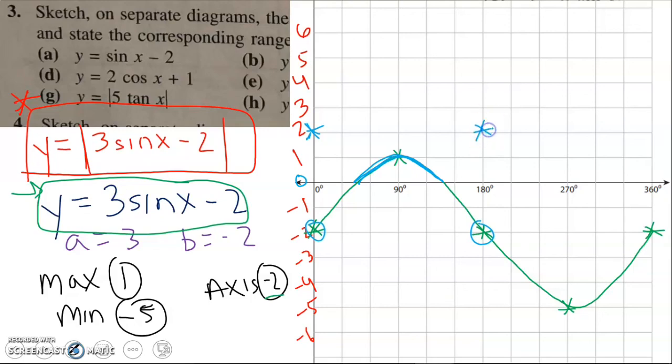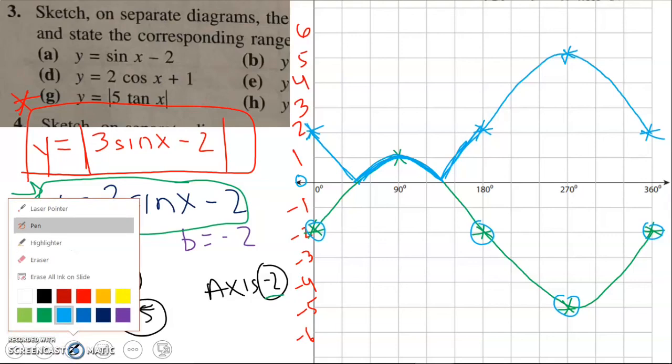I'm going to change that to a +2. This was a -5. I'm going to change that to a +5. And this was a -2 as well. That's going to be +2. Whatever was above 0, I keep. But I'm going to start applying the absolute value now. So there we go, back to 2, back up here, and then back to your axis. Okay, so here's how it should look.